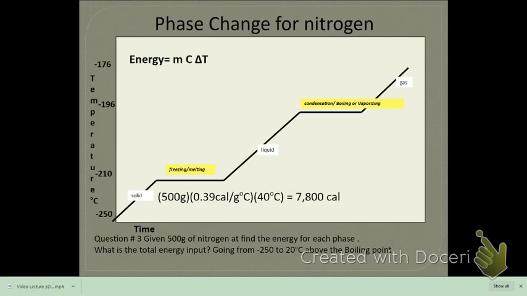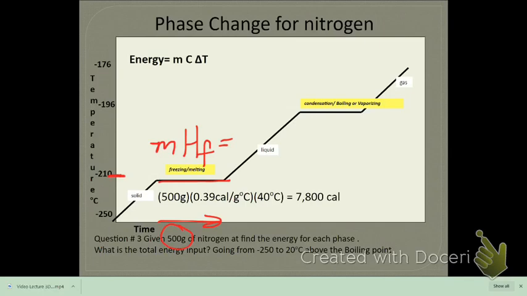Now, let's look at my freezing and melting. We said in freezing and melting, which starts here at a negative 210, there is no temperature change, but there is an energy change. So this is only going to require the mass that I'm given already. And we said this would be heat of fusion, which comes from your chart. There is no delta T, so this is going to be equal to my energy.